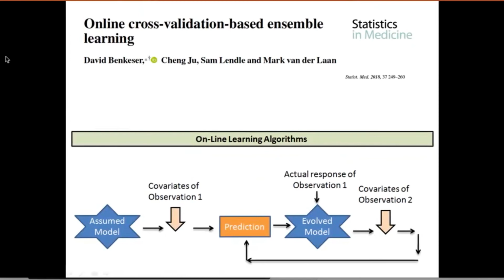To do that, we are working on an online ensemble stacking algorithm that takes streaming data from the monitor, such as heart rate and blood pressure, as input, processes them in an online manner, and predicts in an online fashion the parameter of interest, in this case still blood pressure.